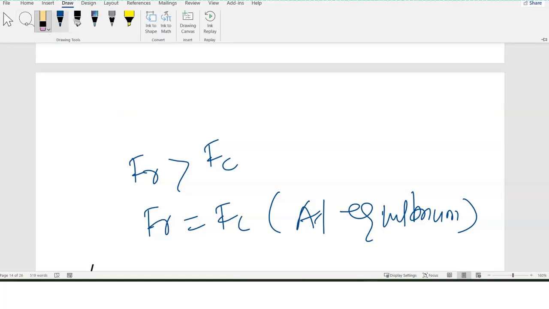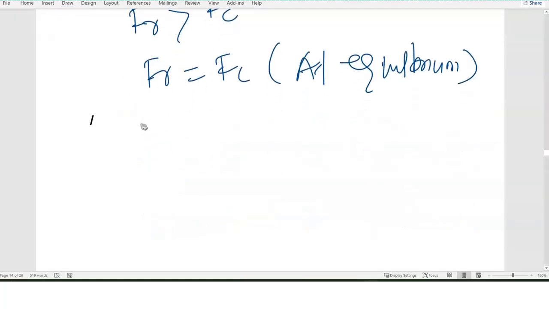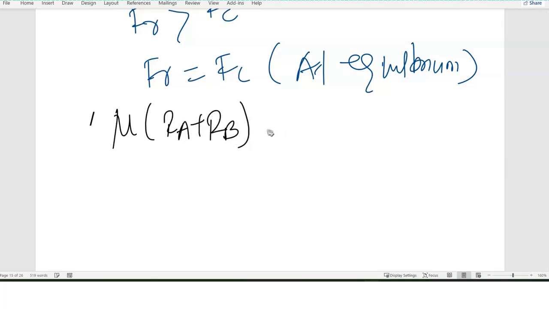So what does that mean? We shall have nu into Ra plus Rb, which is the same as nu R if I take Ra plus Rb to equal R. So this will equal mv squared out of r. So what does that mean?